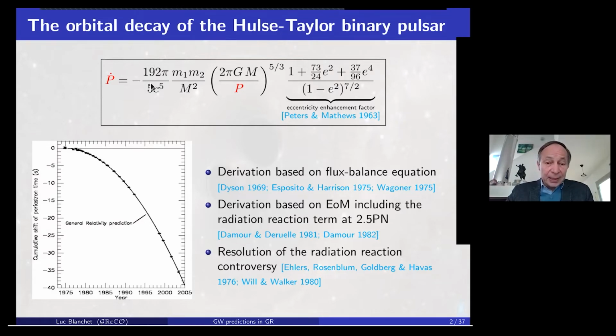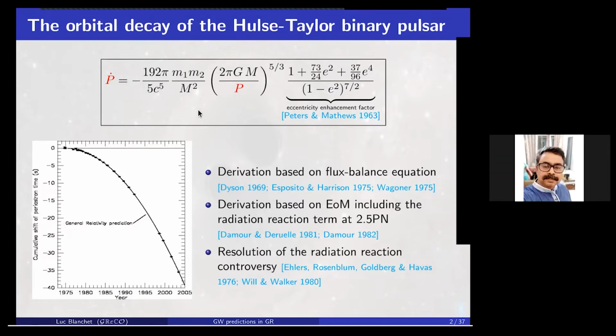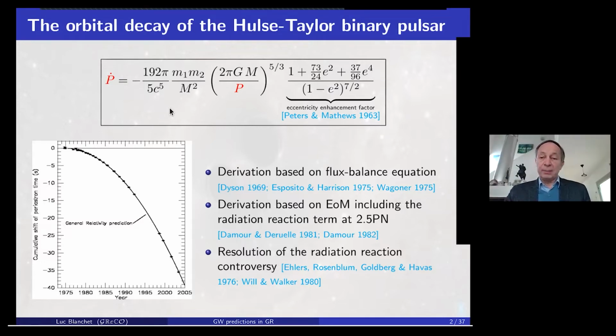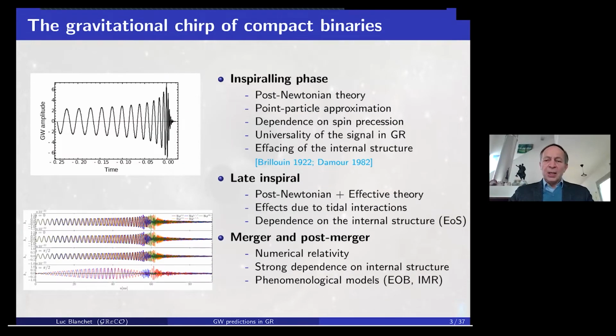This gives you a complete derivation of the orbital P dot of the Hulse-Taylor binary pulsar. And this also solved a controversy that was raging at the time on radiation reaction. So that's exactly the same story for gravitational waves.